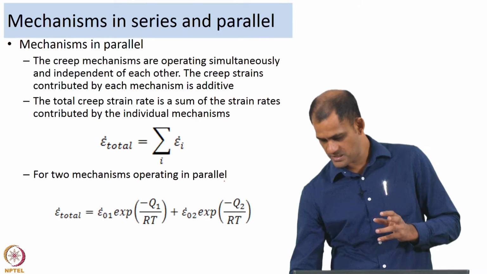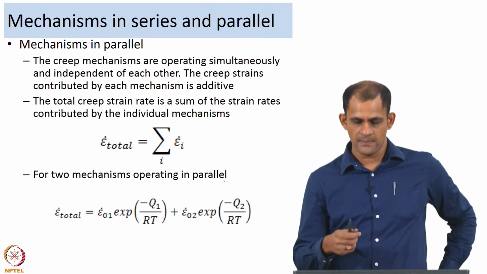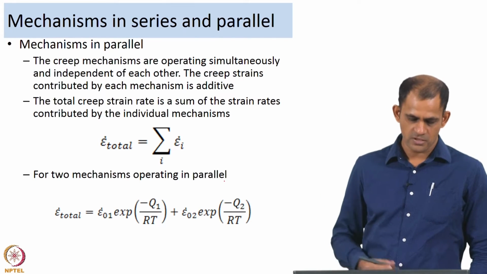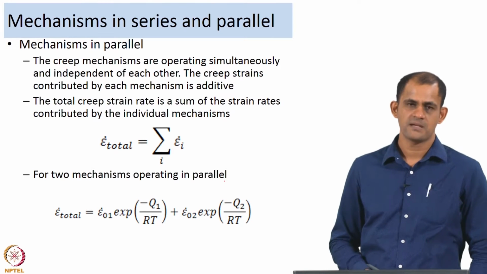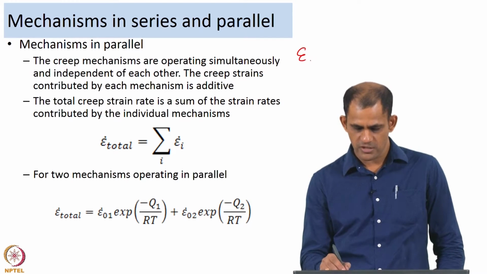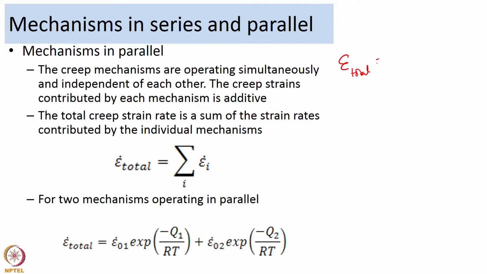Such a case is known as the creep mechanisms operating in parallel, and here the creep strains contributed by each mechanism is additive. So, the total strain will be the strain contribution of mechanism 1 plus the strain contribution of mechanism 2.